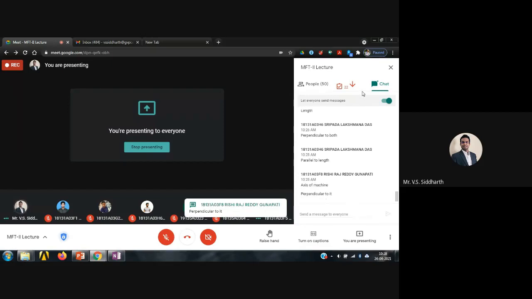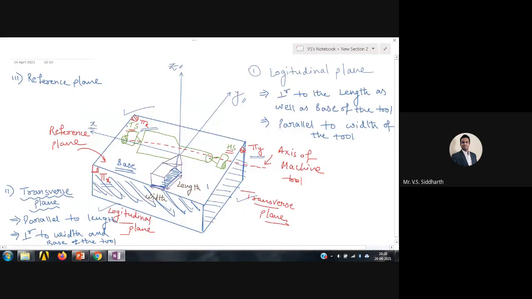Perpendicular to the axis of the machine. No, are you talking about the reference plane or the transverse plane? Don't give me the reference with respect to the axis of the machine. Tell me with respect to length and width. With respect to length and width, I have written it is perpendicular to the width, and as well as perpendicular to the base of the tool.